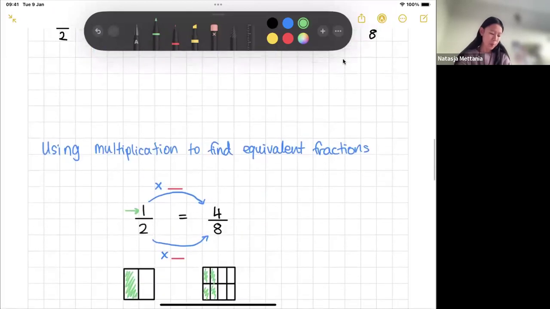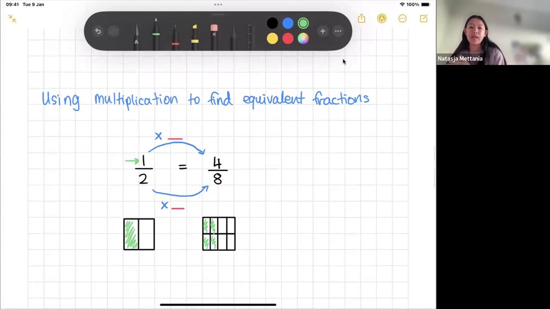Now, when we are finding equivalent fractions, we're going to use multiplication. In this case, I've got 1/2 equal to 4/8. I know the answer, 4/8 is an equivalent fraction for half, but how do I do that? Well, I need to multiply. Think about it this way. Let's look at the green arrow here. The numerator is 1. 1 multiplied by what number gives me 4?